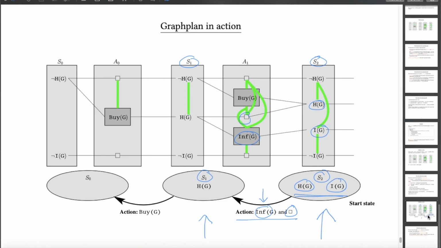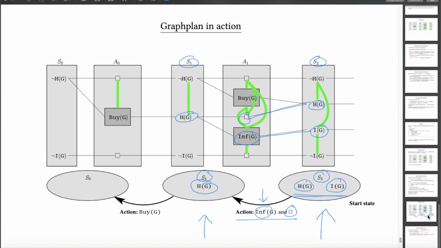Now these are chosen because they achieve IG and HG, and they're not mutually exclusive, and their preconditions aren't mutually exclusive. In fact, they share a single same precondition HG, and their preconditions, in this case just HG, form the content of this new state in the intelligent search problem.